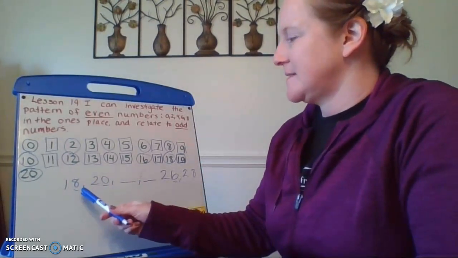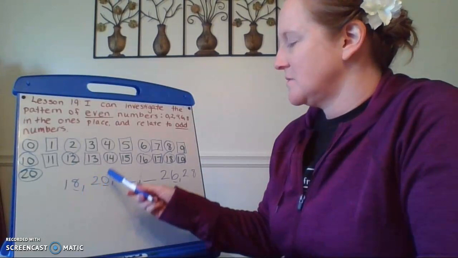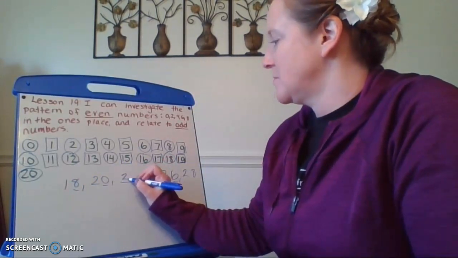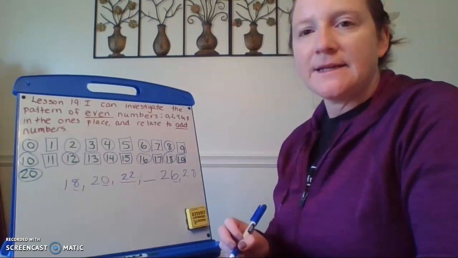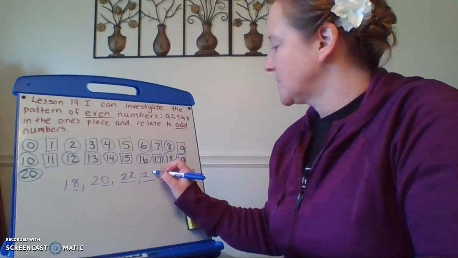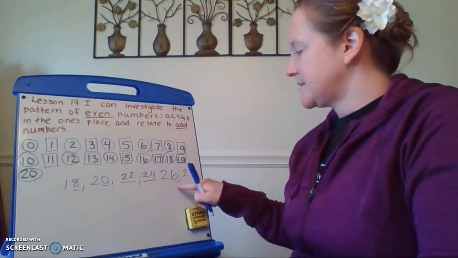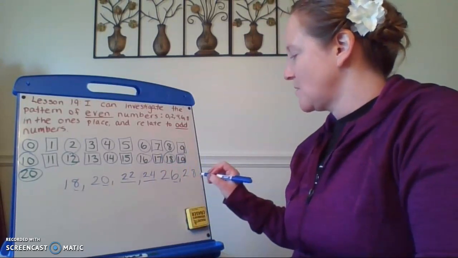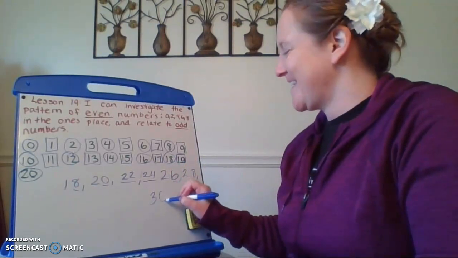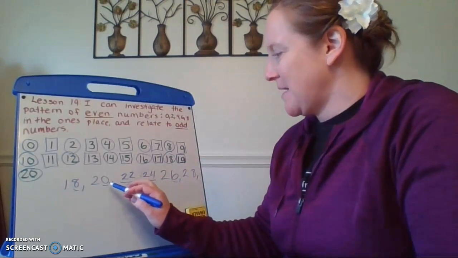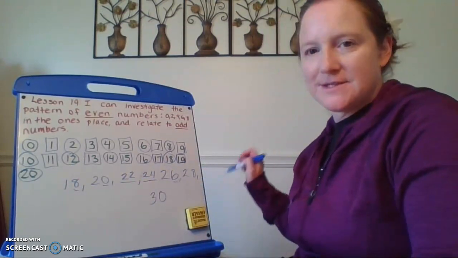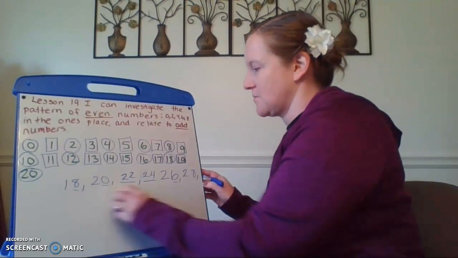Okay, 18, 20, 22, 24, 26, 28. What would come after that? 30, yeah. You can tell the pattern 0, 2, 4, 6, 8. 0, 2, 4, 6, 8. Let's try another one.